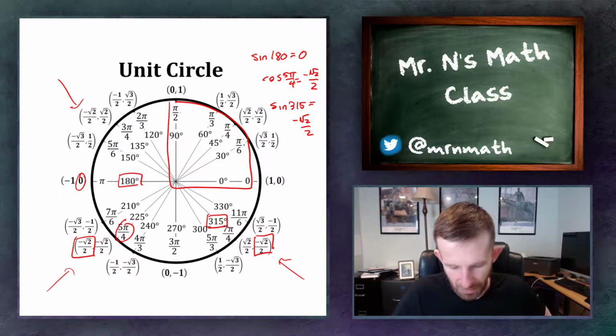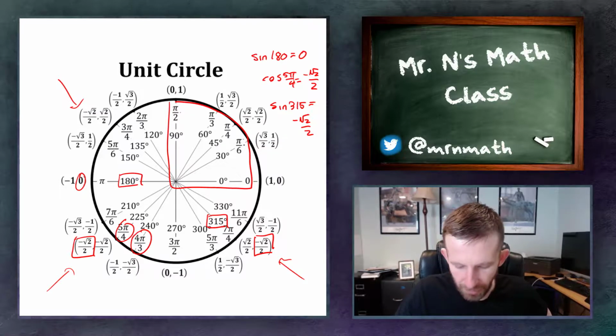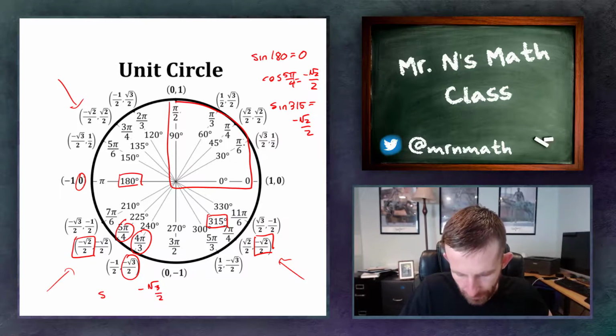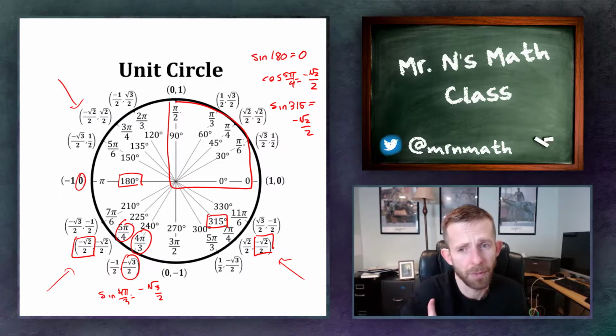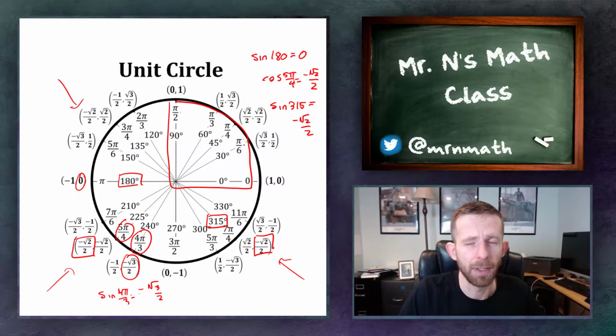Anything on here is fine. Sine of 4 pi over 3 would be negative root 3 over 2. You need to really know the unit circle, and you need to know that sine is the y coordinate at that angle, and cosine is the x coordinate at that angle.